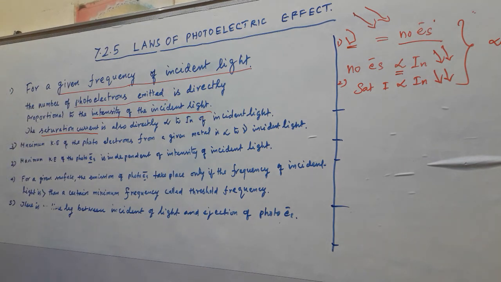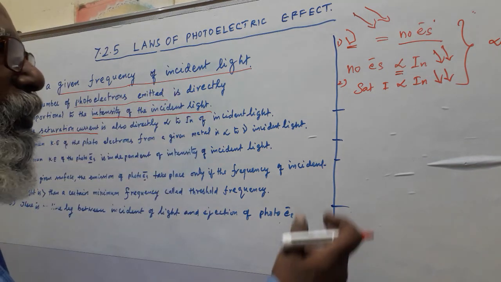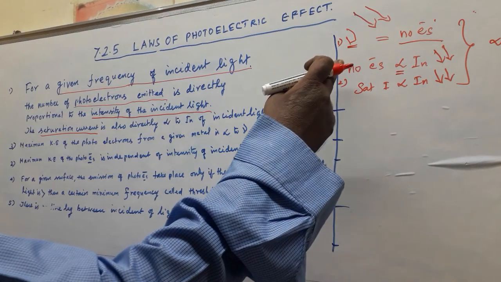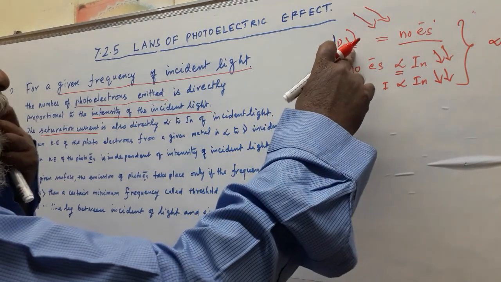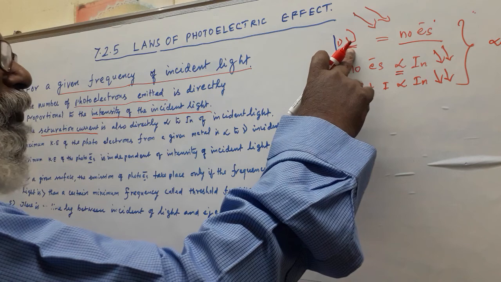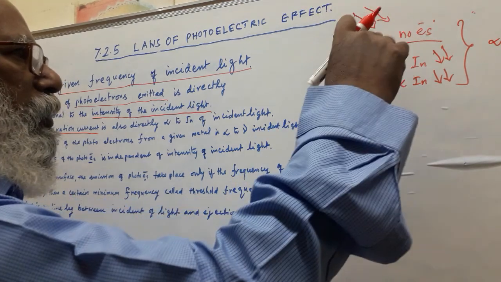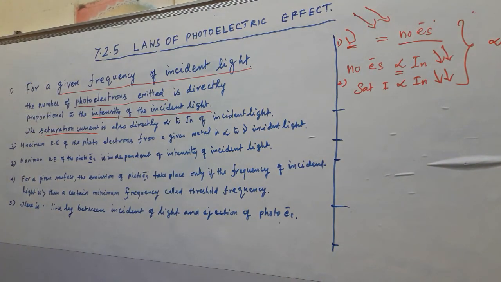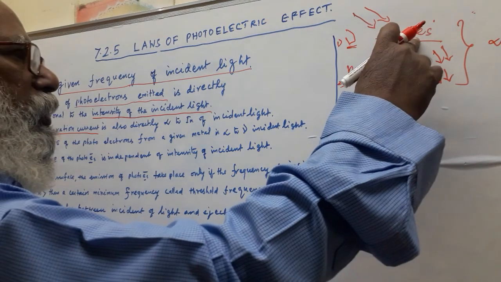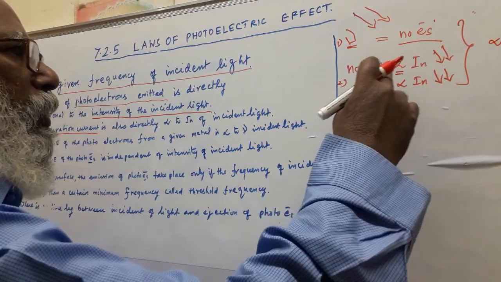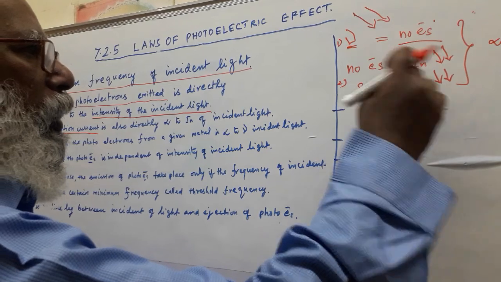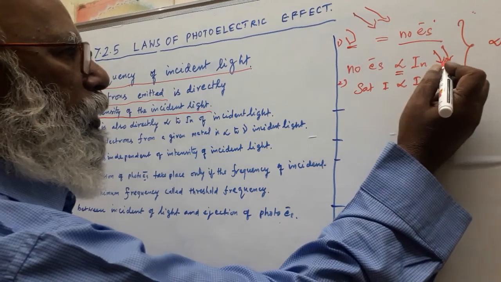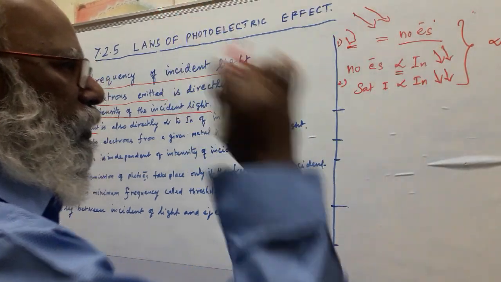Very important. Once again I repeat, for a given frequency of incident light rays, the number of electrons emitted by the process is directly proportional to the intensity of the incident light rays.